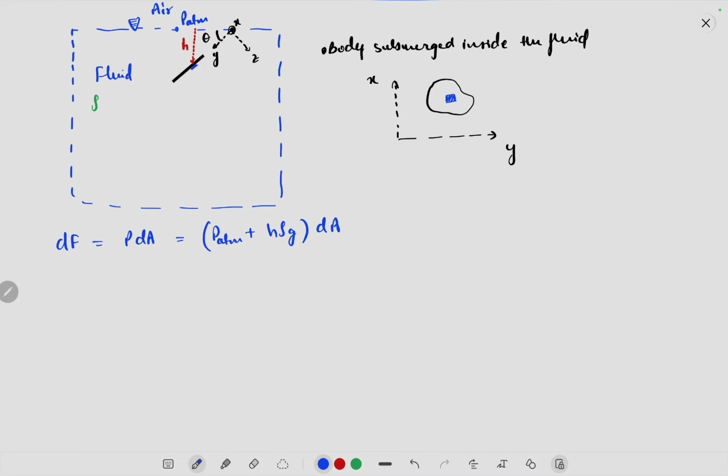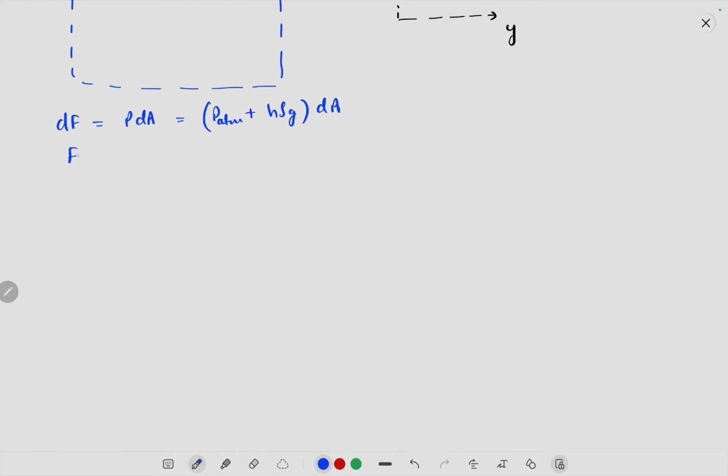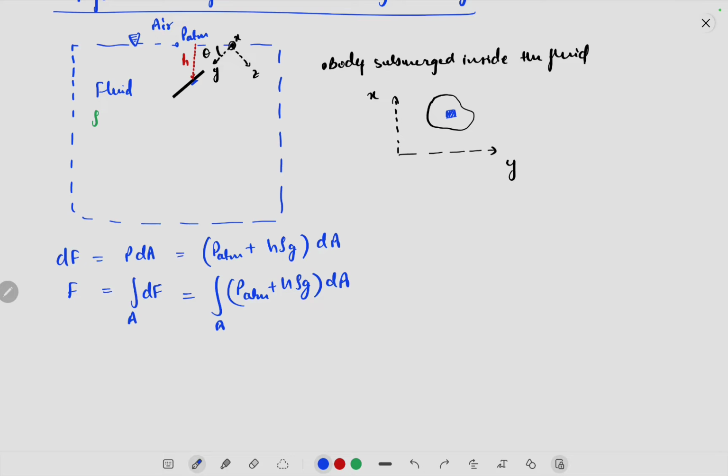And the total force F will be simply the integration of dF over the entire area A, which is the integral over A of P atmospheric plus h rho g, dA. Now we will simplify this force expression in terms of the centroid of my plate geometry, so that I don't have to always start from the beginning by taking the integration.